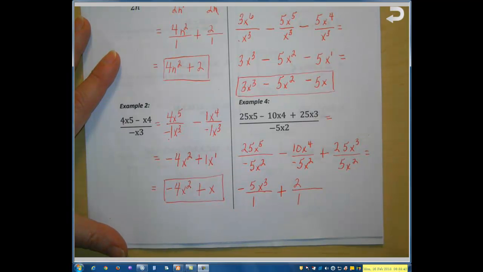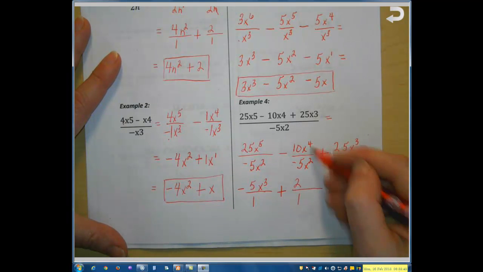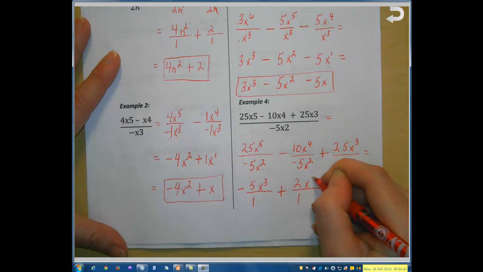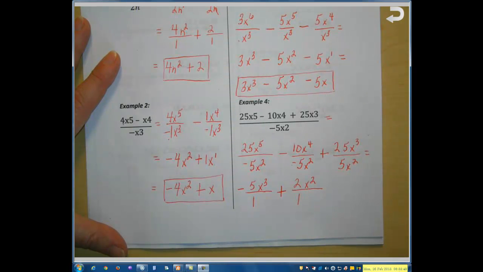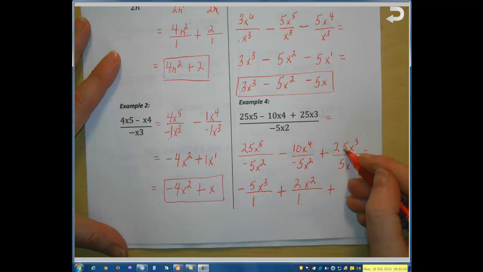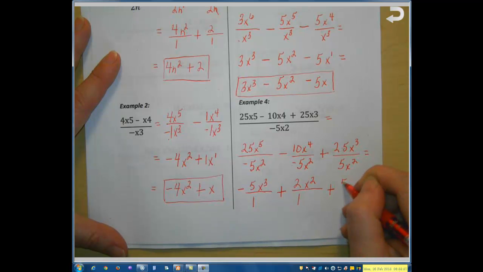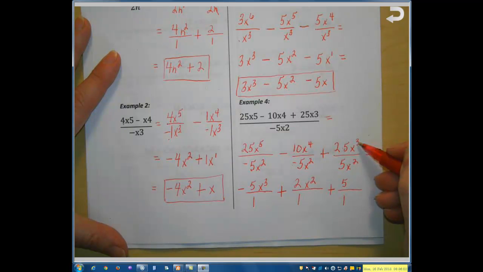Subtract the exponents. 4 minus 2 is 2. Okay, in our third term, we have a positive divided by a positive. Our answer is still going to be positive. 25 over 5 simplifies to 5 over 1. Subtract the exponents. 3 minus 2 is 1.